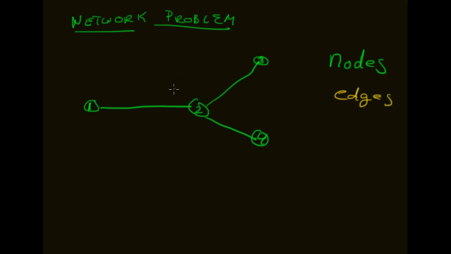If I start putting numbers on these edges, like we give them values of some sort, this is now what we call a weighted graph.